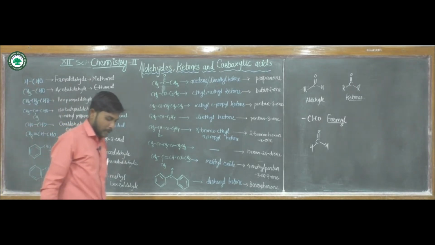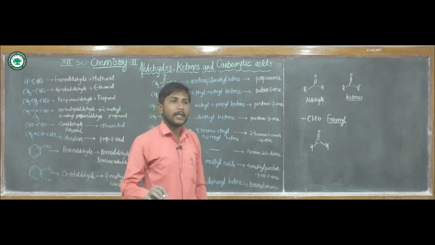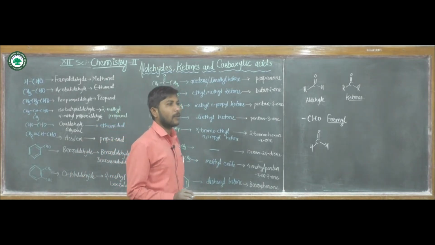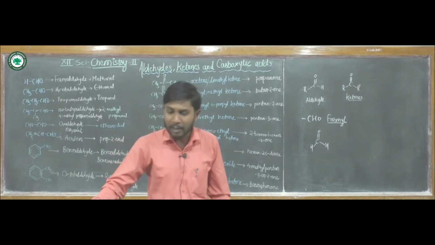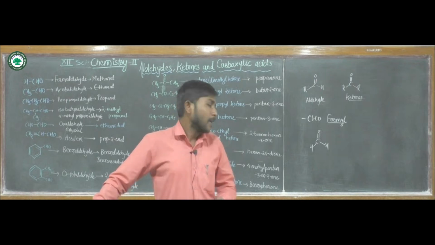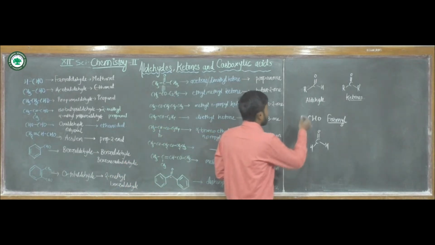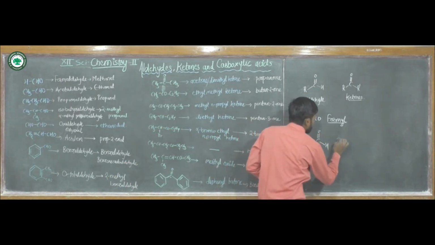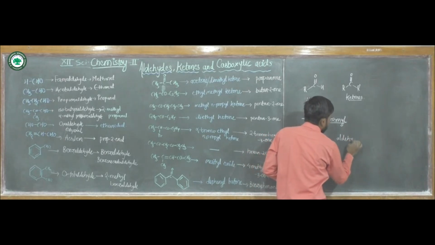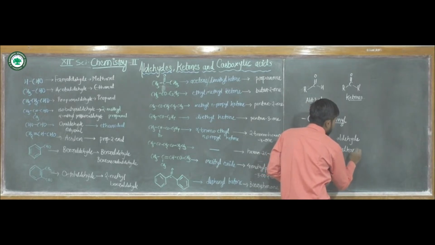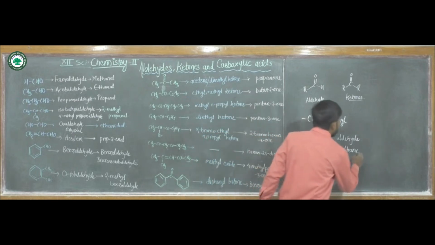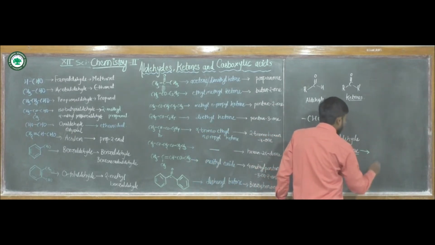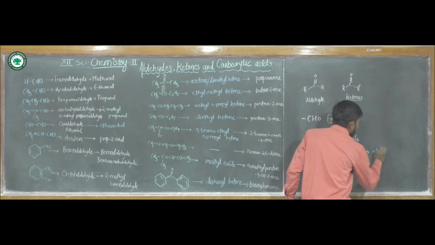In the IUPAC system, we replace the E of the parent alkane with the suffix Al, meaning aldehyde, so the name will be alkanal.